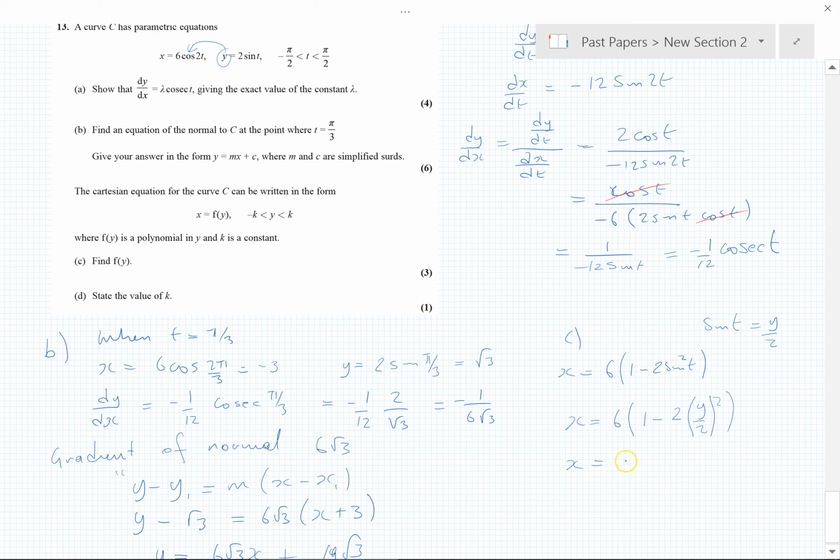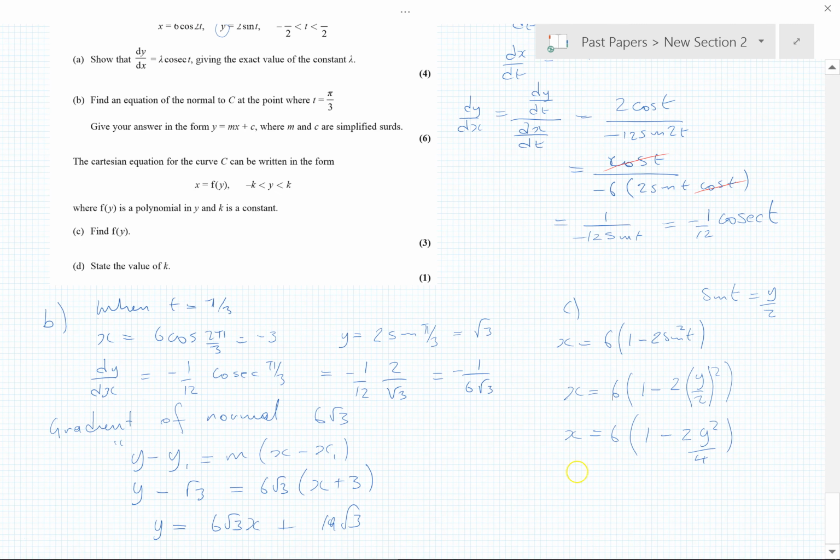So that gives me x is equal to 6 times 1 minus 2y squared over 4. So that gives me x is equal to 6 minus 3y squared. Okay, so not terribly interesting parametric equation really, it's just a parabola.